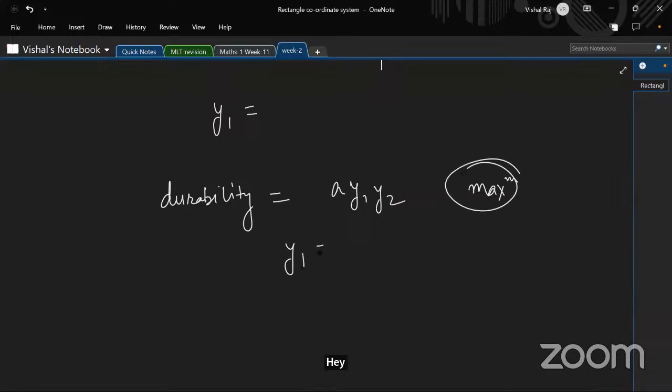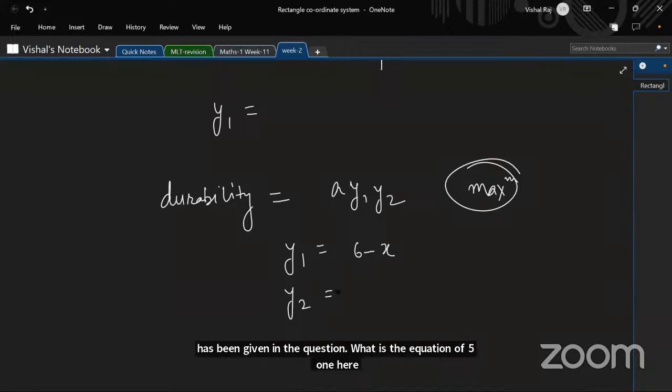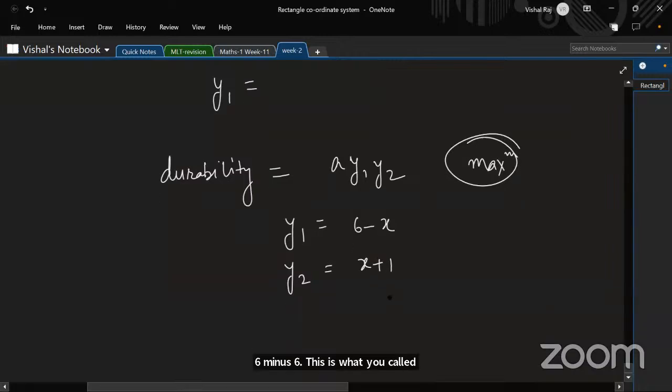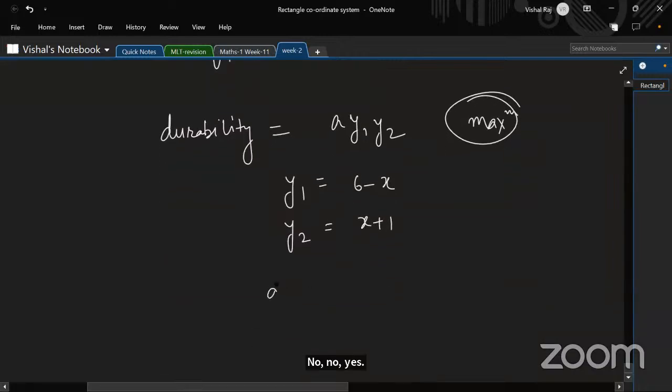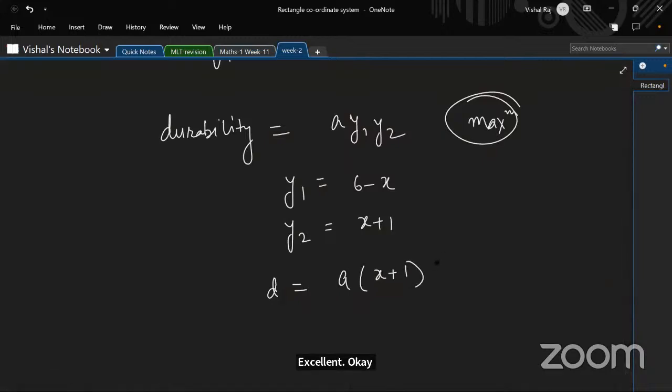What is the equation of y1 here? Minus x plus 6, so 6 minus x. And y2 is equal to x plus 1. If you multiply it, D is equal to A multiplied by (x plus 1) into (6 minus x).